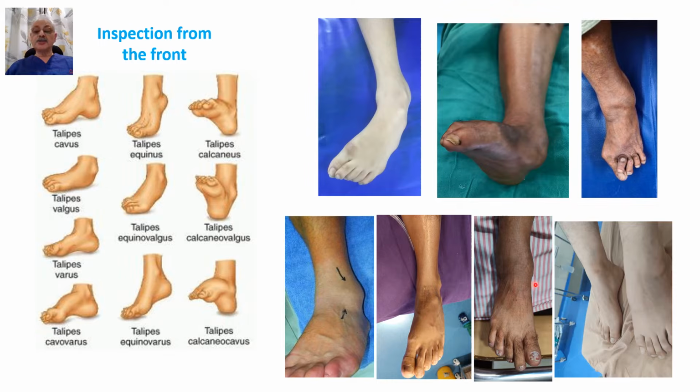And if you see here, there is a diffuse swelling of the ankle, and this patient had an ankle arthritis. And here you see there is a swelling in the midfoot region, and this swelling is suggestive of a chronic neglected injury of the Lisfranc joint.